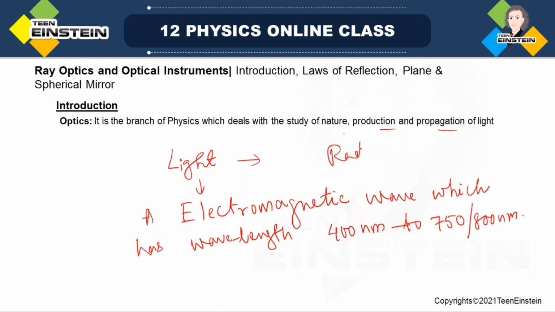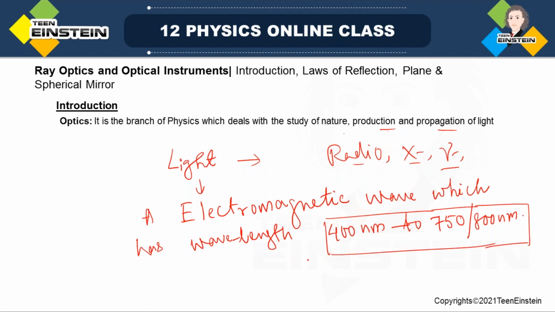See, in the electromagnetic wave there are radio waves, then you have X-ray, gamma rays, etc. These have high frequency or high energy and low wavelength. Obviously radio wave is long wavelength. But among the whole spectrum of the electromagnetic wave, only this range of wavelength is sensitive or visible to our human eyes.